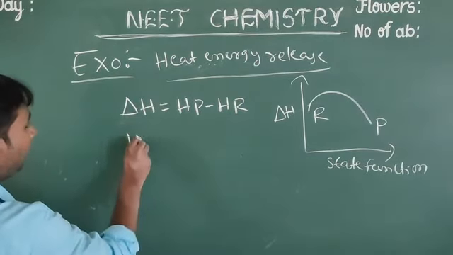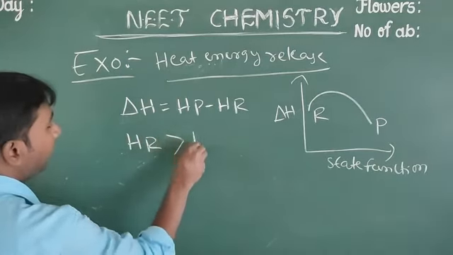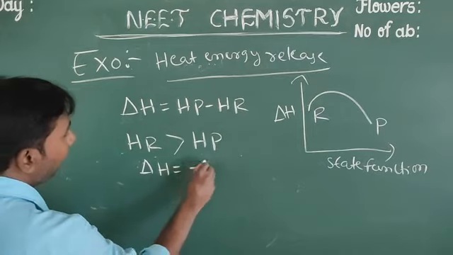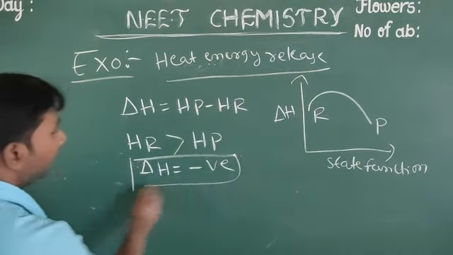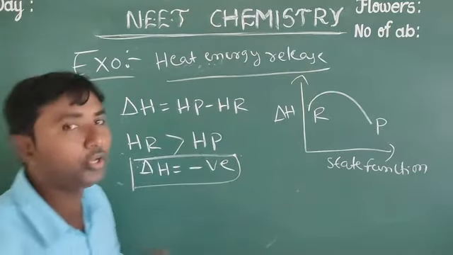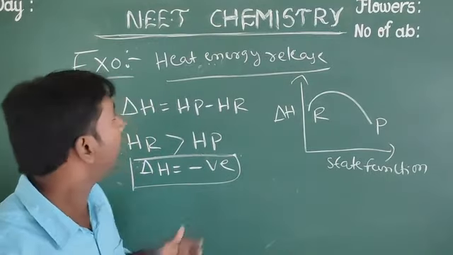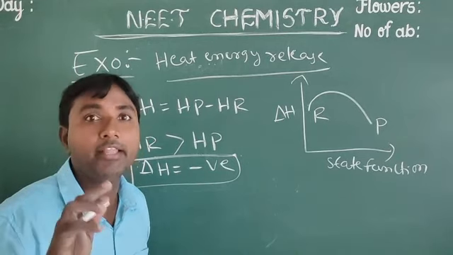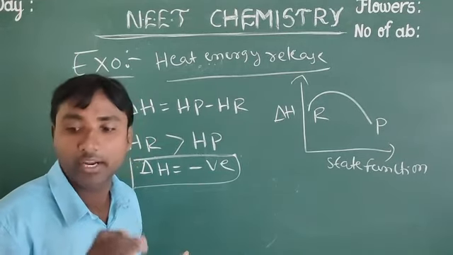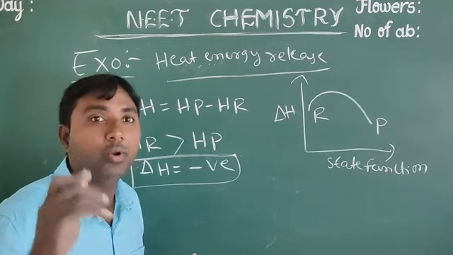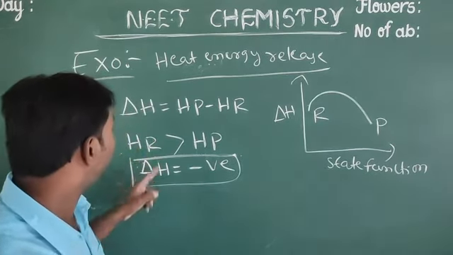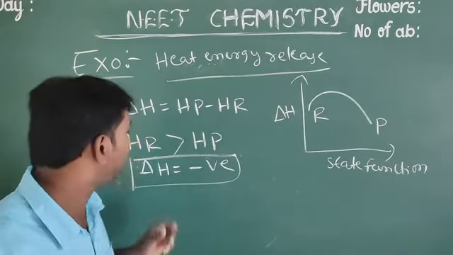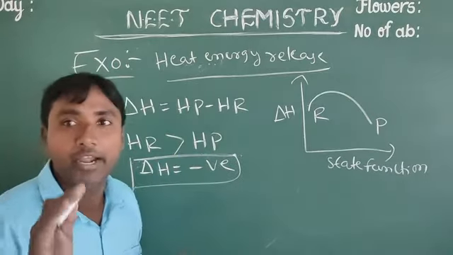Here enthalpy of reactant is greater than enthalpy of product. That's why del H equals negative. Before, in endothermic reaction, enthalpy of product was greater than enthalpy of reactant, that's why del H is positive. In exothermic, enthalpy of reactant is greater, so del H is negative.